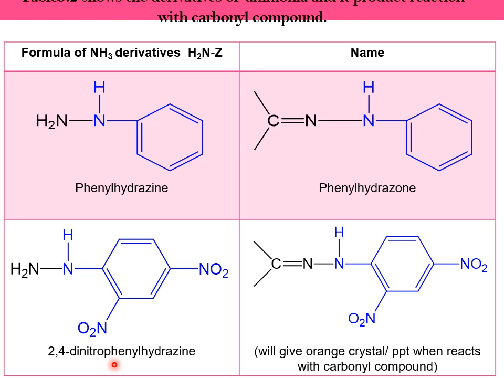If it's positive, it's going to give an orange crystal precipitate, meaning that the compound that you tested with this reagent has a carbonyl group. It doesn't matter whether it is an aldehyde or ketone. So it is going to form a product like this.